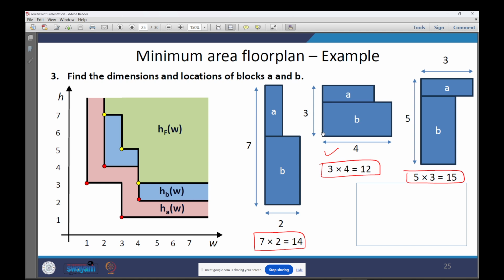This is 2 plus 1. This is 2 and this is 1. So 3 into 4 is one composition. Then 5 basically, this side is 1 and this side is 4. Then 1 plus 4, if I combine, then the width is 3. Which one is missing? Can you tell me? The width of block A is 3 and the height is 1.